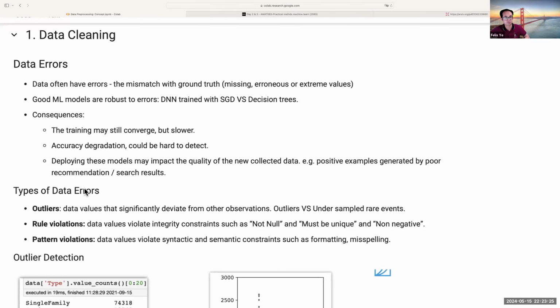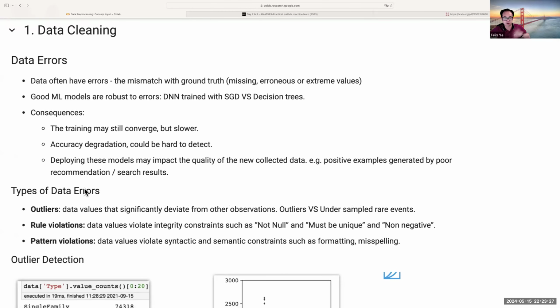Also, if we deploy these kinds of models, it will impact the quality of newly collected data. Think about examples generated by recommendations or search results. If you build a model based on that, your model won't be very good when new data comes in.